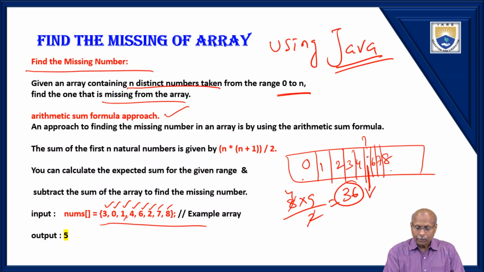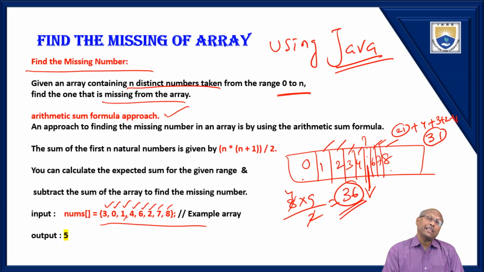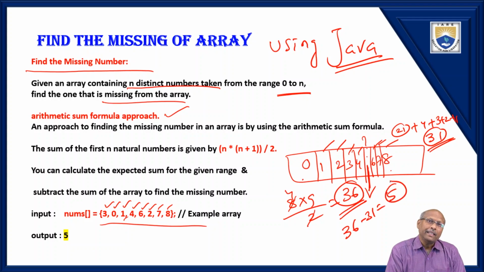Because 5 is missing, if you add: 8, 7 is 15, plus 6 is 21, plus 4 is 25, plus 3 is 28, 30, 31. That means here I am getting 31. But my required sum is 36, and I got only 31. So 36 minus 31 is 5. So it says that 5 is my missing number.